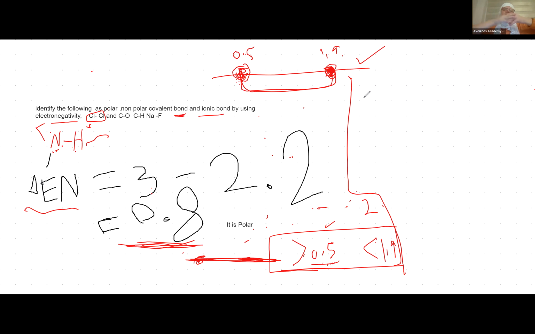The size is different, because hydrogen has one electron level, while nitrogen has two levels, so the attraction of nitrogen on hydrogen is bigger. The electronegativity comes from this.